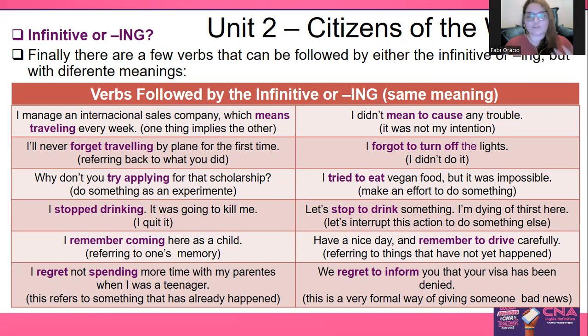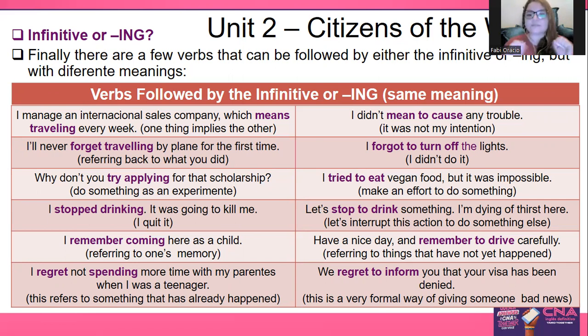I stopped drinking. It was going to kill me. So when I use I stopped with the next verb in -ing, it's because I quit it. I don't do it anymore. But if I say let's stop to drink something, I'm dying of thirst here.